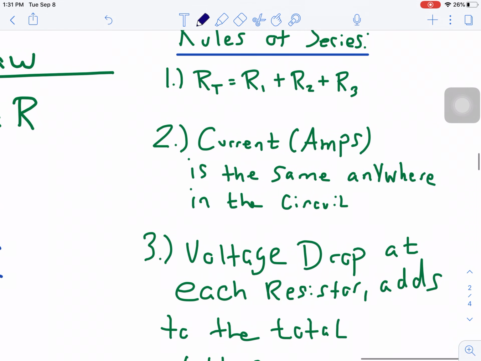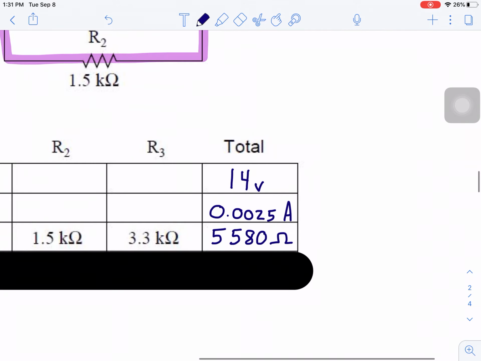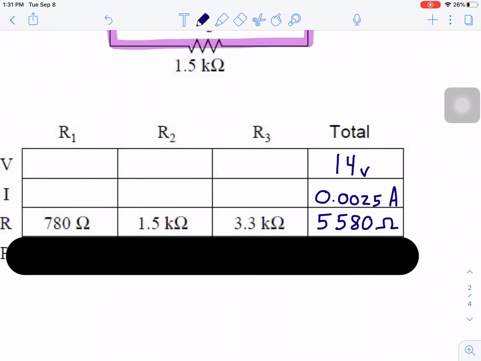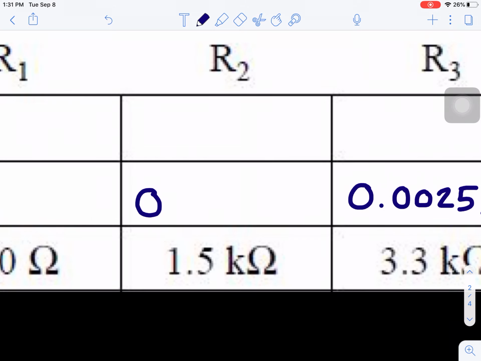Current, 0.0025, is the same anywhere. So therefore, this 0.0025 can be applied to each of these locations. So I'll write those in.